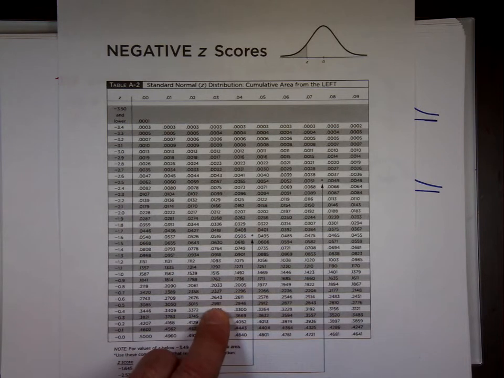I have 0.2981 and I have 0.3015. Which one's closer, 0.2981 or 0.3015, to 0.3000? 0.3015. So the value for that is negative what? 0.52. That's the closest number to 0.3000. Negative 0.52.